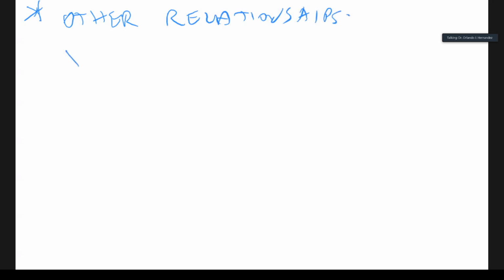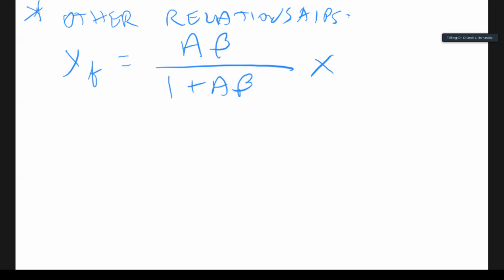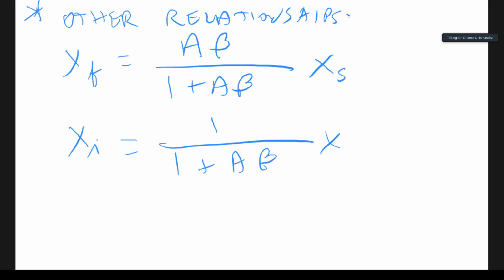So one is that the feedback signal can be written as A beta over 1 plus A beta times the input signal, and the error, so we had defined X of I as the error, is 1 over 1 plus A beta times the input.